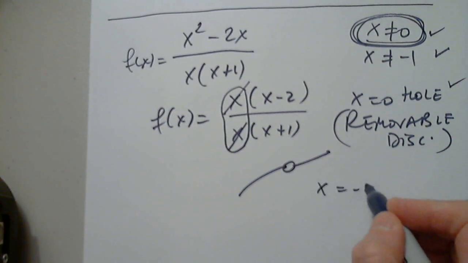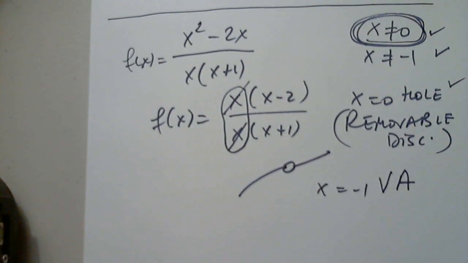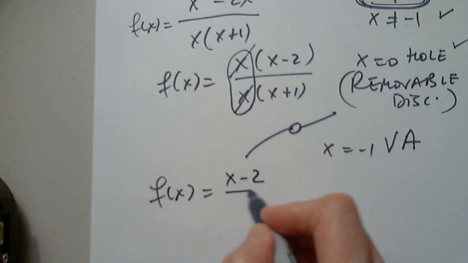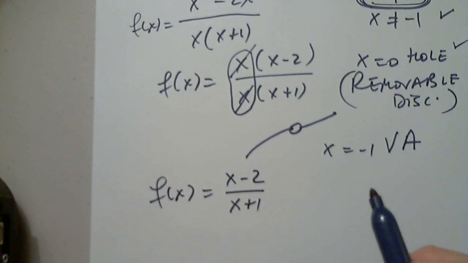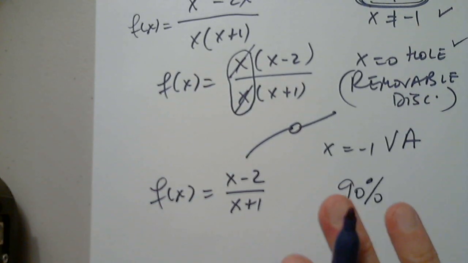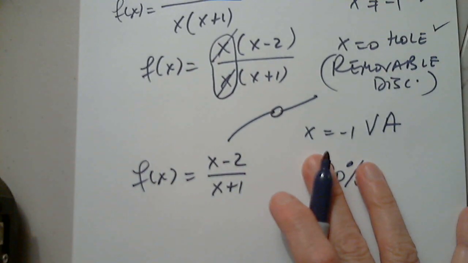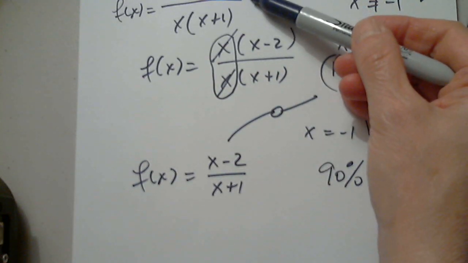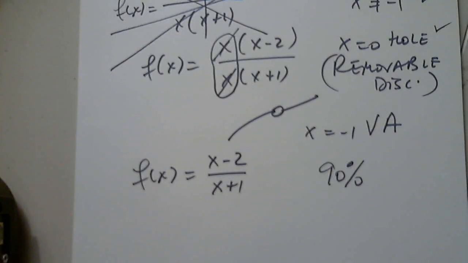However, x equals -1 stays as a vertical asymptote because the simplified form is x minus 2 over x plus 1. Please, 90% of the students, although I show this in class so many times, come back to this to differentiate. No, this is gone, done and over with.